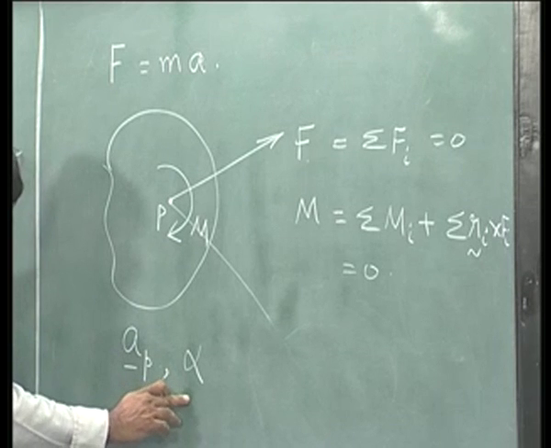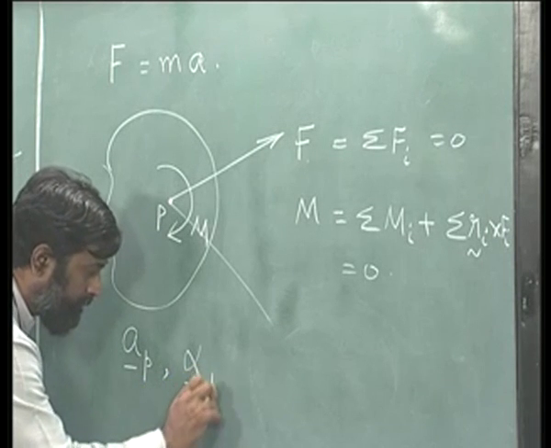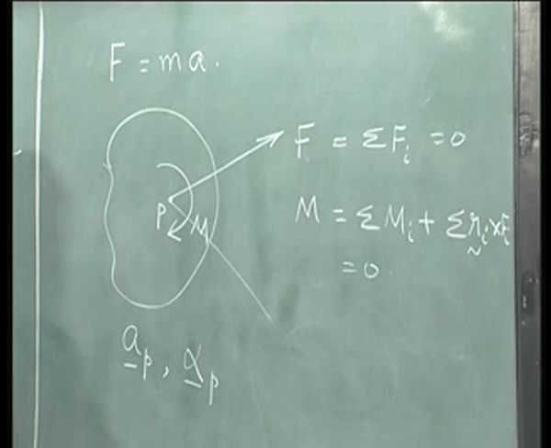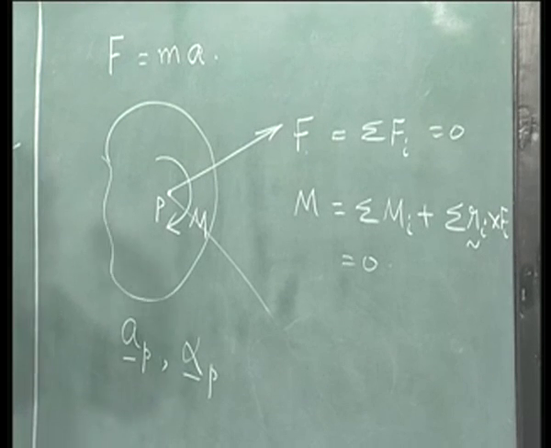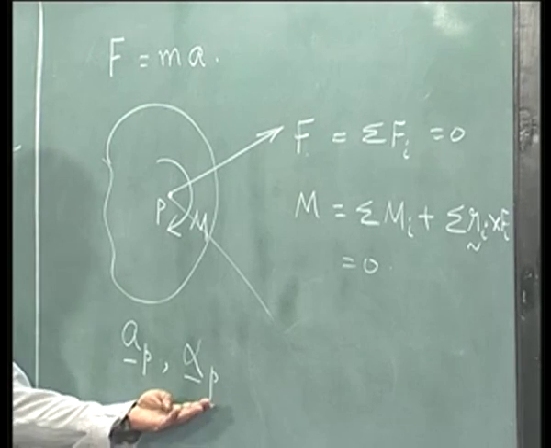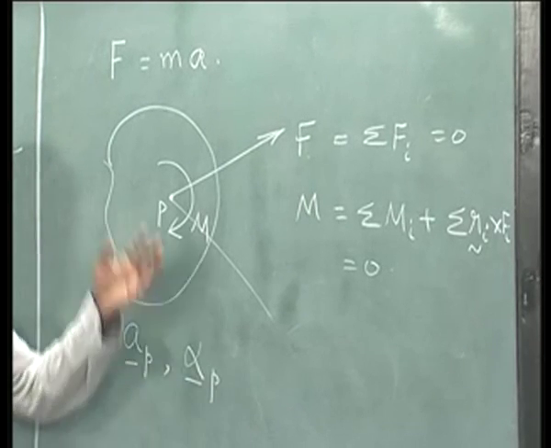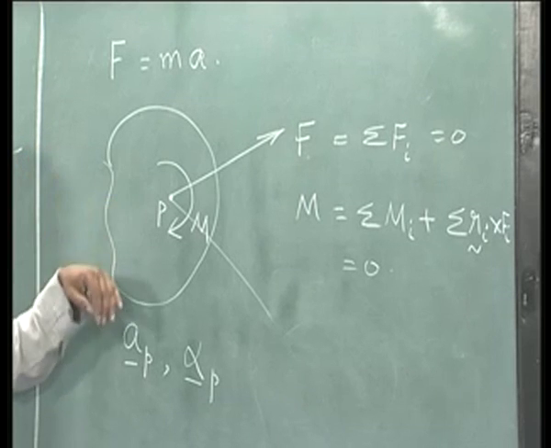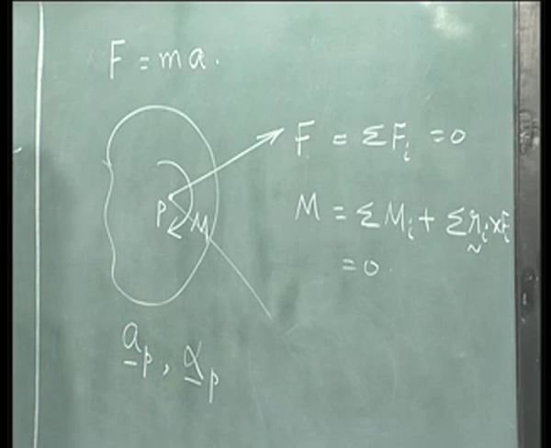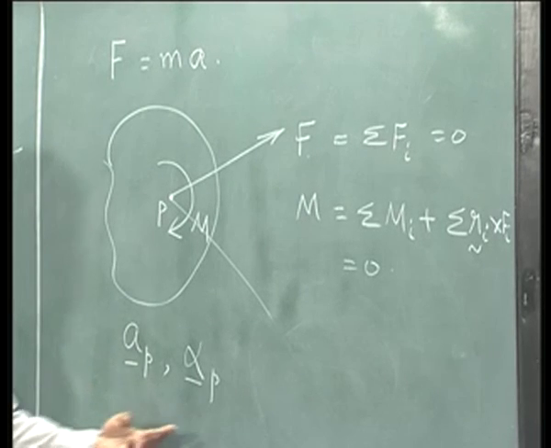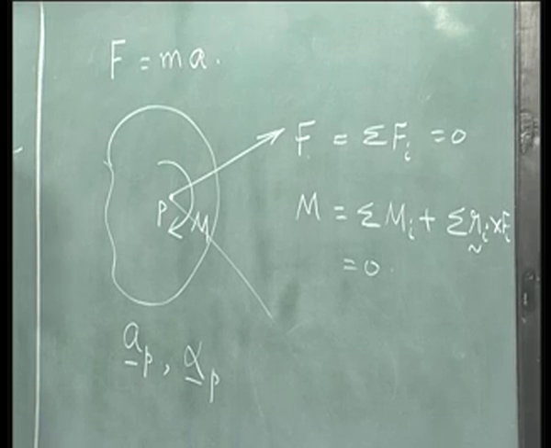Is this a vector? Yes, this is a vector, because you will have an axis about which it is rotating, and there will be an angular acceleration. Knowing these two, I am ready to write down the Newton's equations. Looks simple, but there are many other derivations involved in order to arrive at this. So let us just move on and write down.